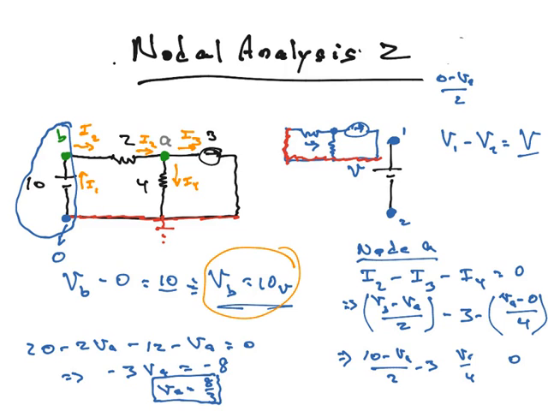So if the current went from the ground to node A, it would have been 0 minus VA. The difference with the voltage source there, we now know that left side voltage is not 0, but it's 10. So we just stick the 10 in.